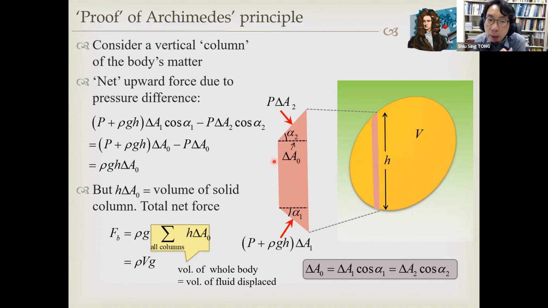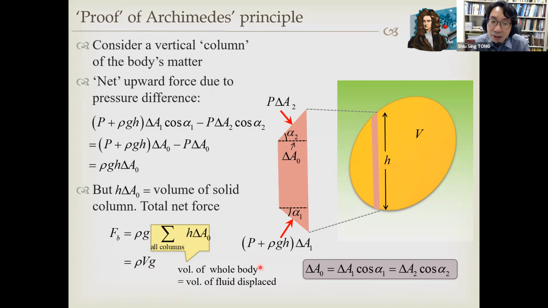Okay, so if I form a summation of all this, this is the pressure force acting on one column. There's another pressure force acting on another column. So when I sum over all the columns, I just get the total volume of the object, right? So from a sum of all H delta A0, I get the total volume of the solid.